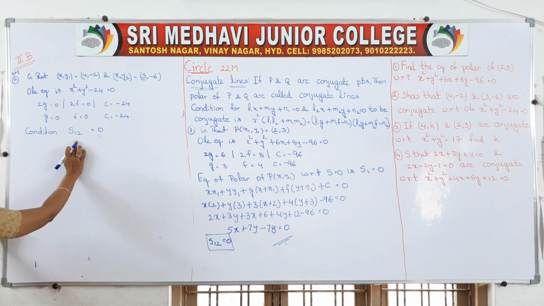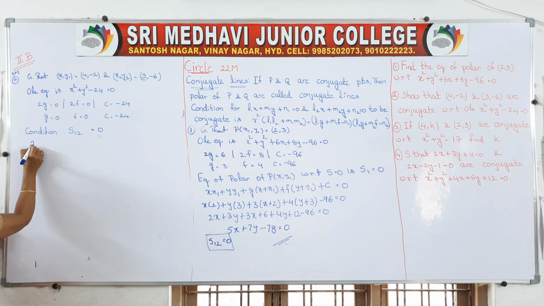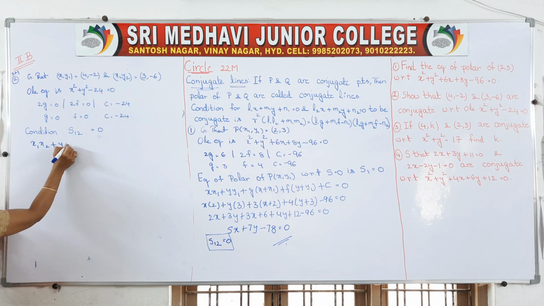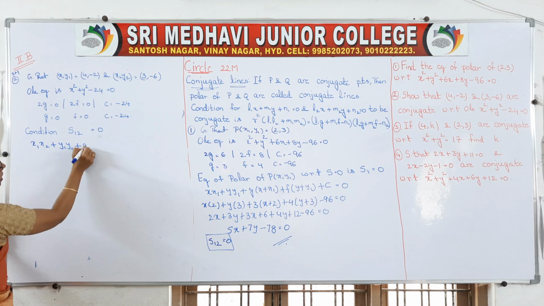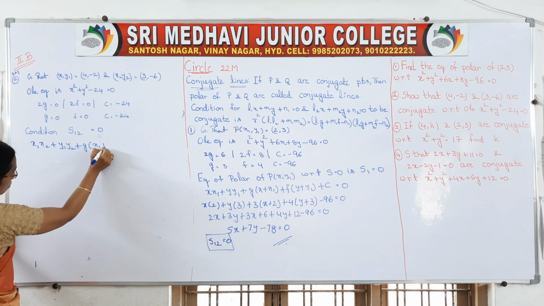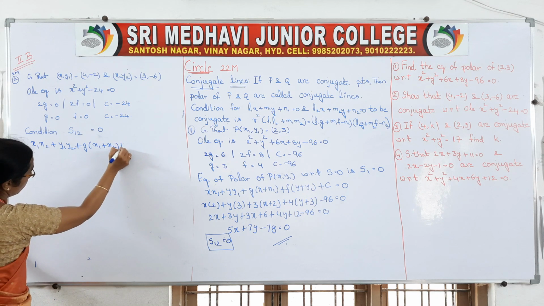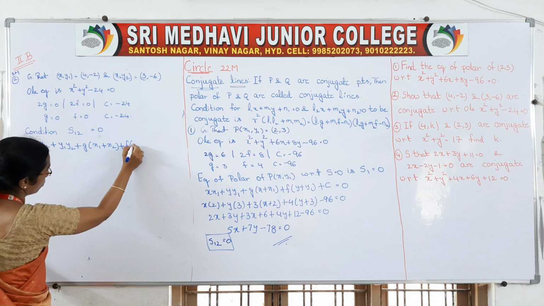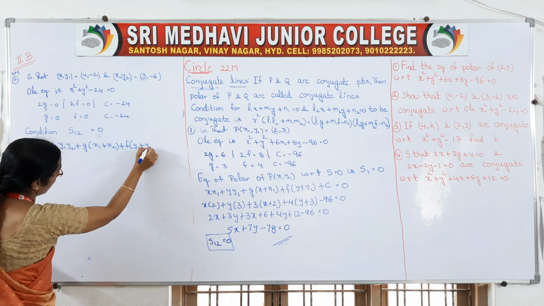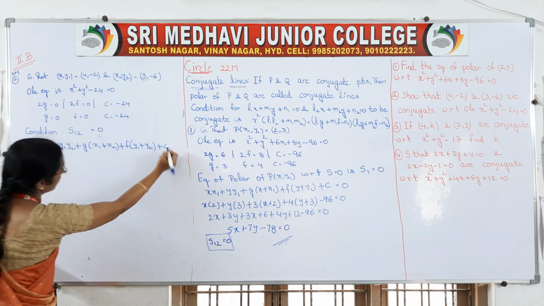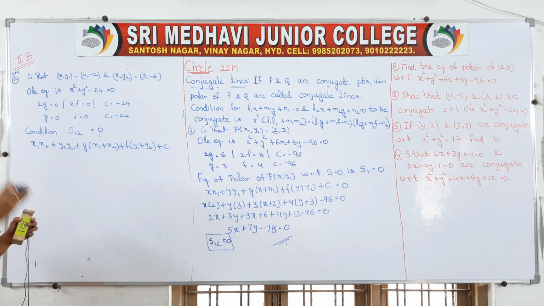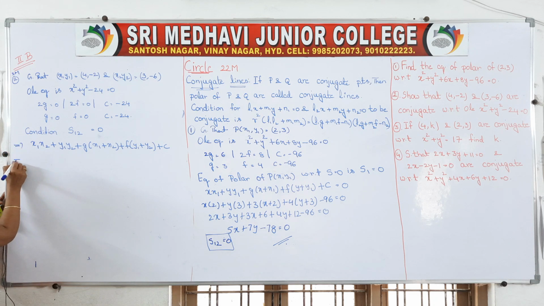So, you take your S12. The notation is x1 x2 plus y1 y2 plus g into x1 plus x2 plus f into y1 plus y2 plus c. We have to get this value equal to 0, then we can say that they are conjugate points. Now we will substitute.